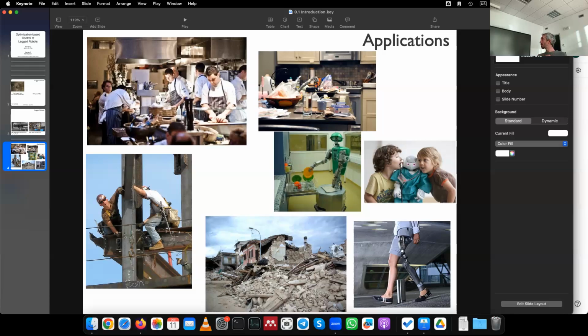But the reason why legged robots are interesting is because they allow us to have robots that go in the same places where humans can go. So they can climb, they can walk in a disaster scene after an earthquake or a wildfire, and they can be used in basically any kind of environment where humans can access.